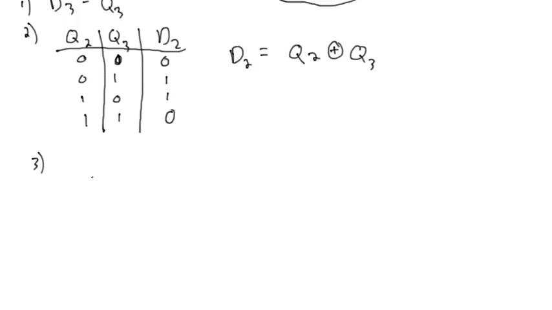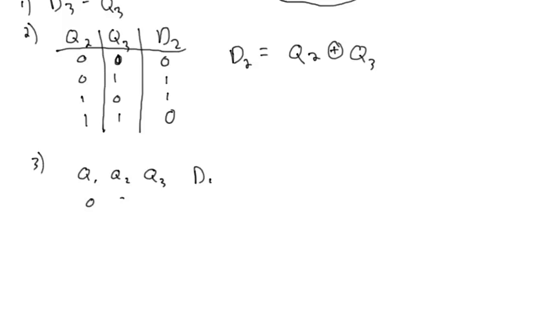And let's see if we can think about what's going on here. Q1, Q2, Q3, and then D3 is what determines what the value of Q3 is going to be next. D1 determines what the value of Q1 is going to be next. Q1 is my most significant digit.